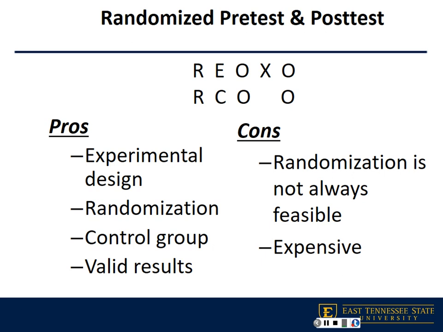We establish our groups by randomization. Okay? Only then, if those R's are here, it's an experimental design. If the R's are not there, it is not an experimental design, and will never be. Okay?